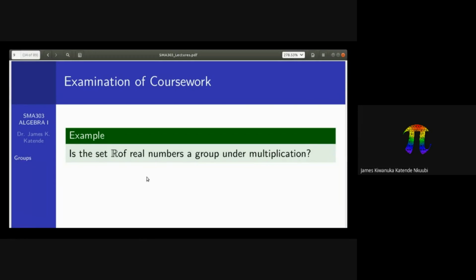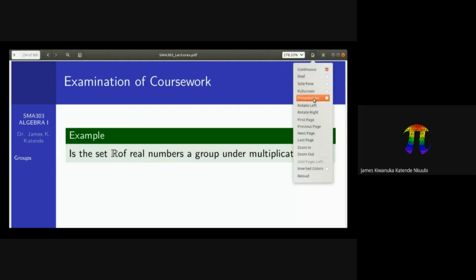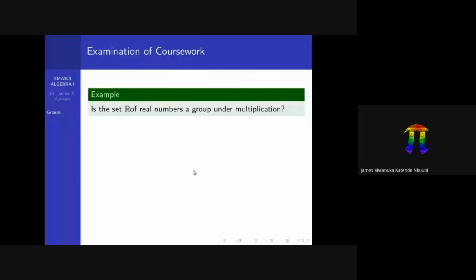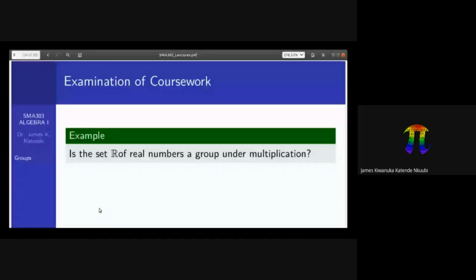Anyone with the answer? Who can tell us if a set of real numbers is a group under the usual multiplication of real numbers?